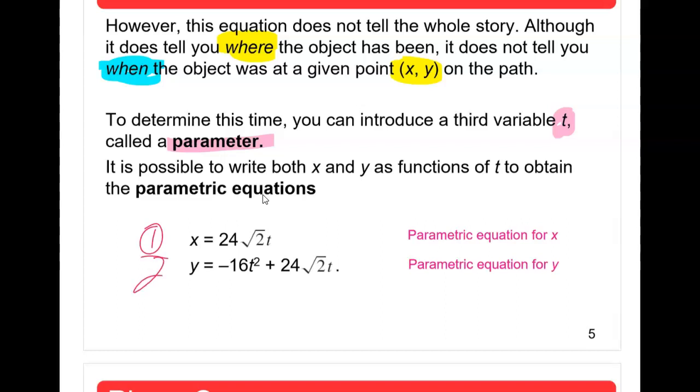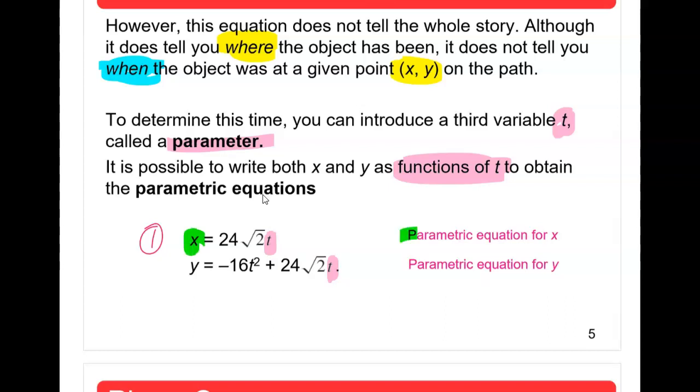And as you can see, the input for both of them is the variable t. That's what we say, they're both functions of t. That is the input. And the output is going to be, for equation number 1, the output will be x.